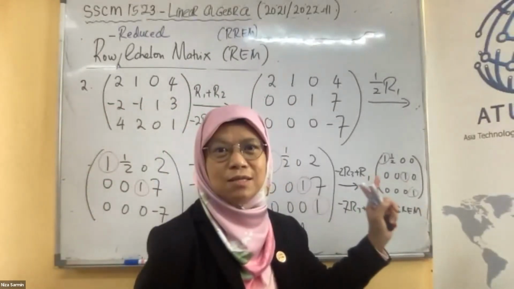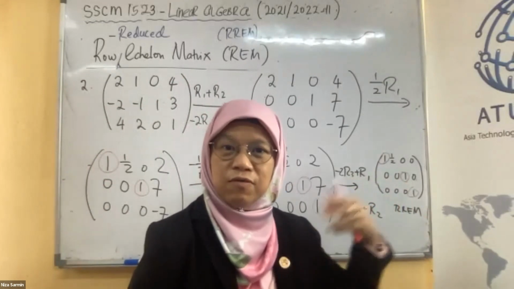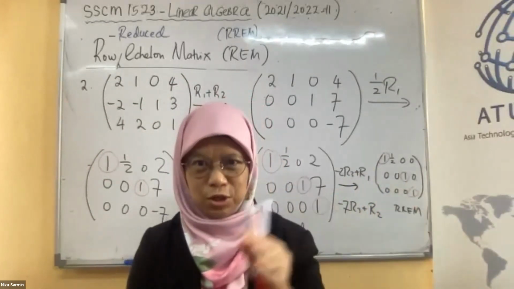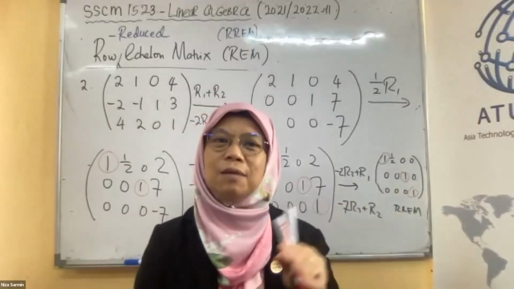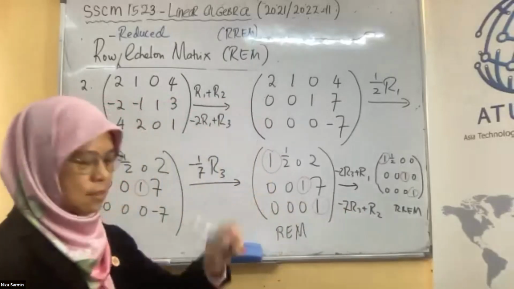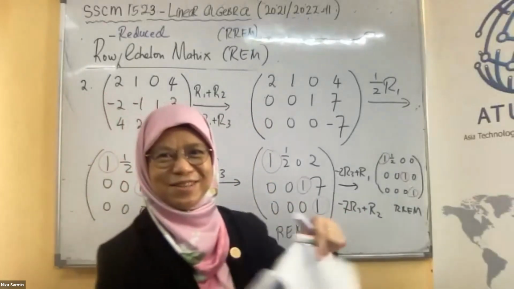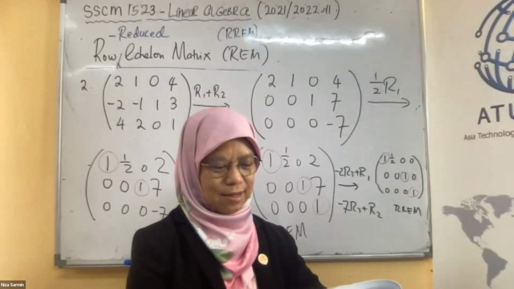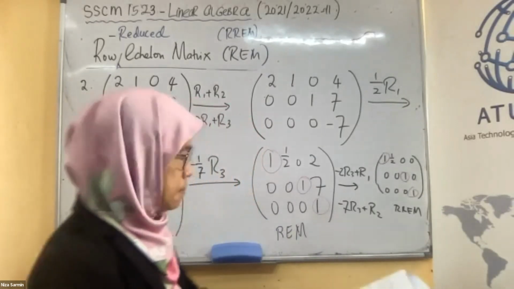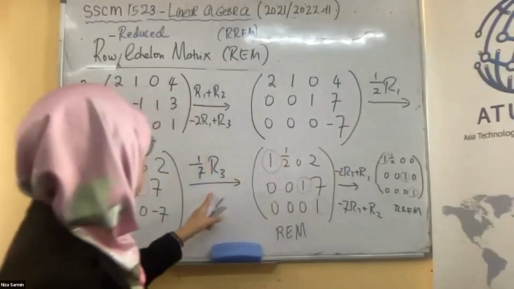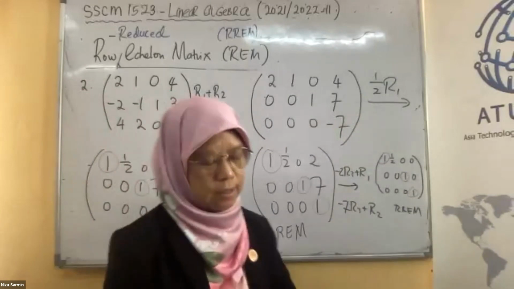Meaning if I give you a matrix and I want you to find the rank, you need to do the elementary row operations. By the way, this is in your notes, you don't have to copy. You can combine this and this.